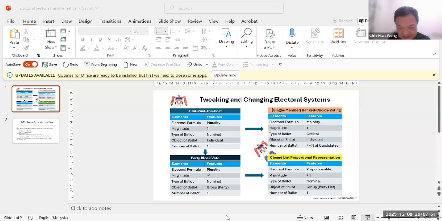Now we move from party block vote to closed list proportional representation. Why do we want to explore this possibility? In Singapore, party block would list it down and say, I want to have a multi-member constituency, more than one MP, so that I can force a quota. In the case of Singapore, a minority quota.